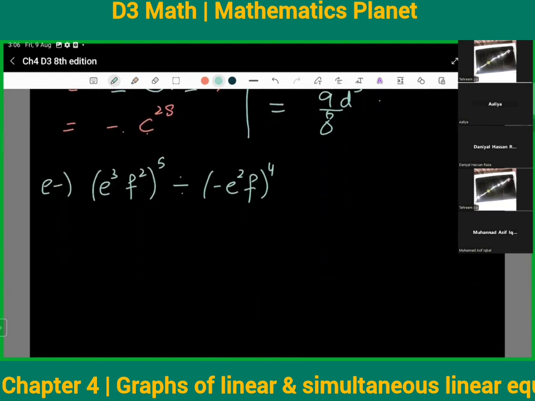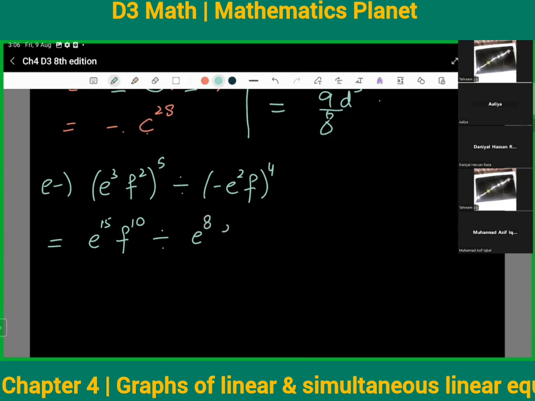Yes, Alia. E equals 15 and F will be 10, divided by minus E squared F. Minus will become positive because the power is even, and 8 E to the power 8.